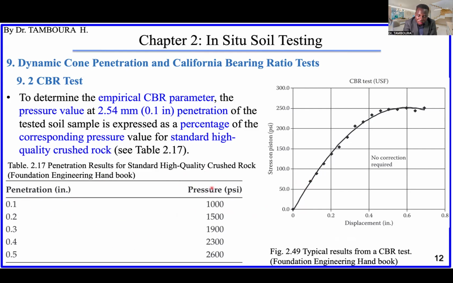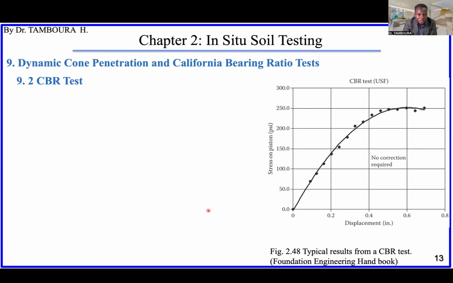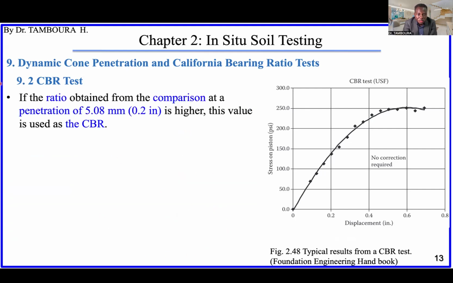The standard we have to compare with. So the ratio obtained from the comparison at the penetration of 5.08 millimeters, it means 0.2 inches. If that ratio is higher, this value is used as CBR.